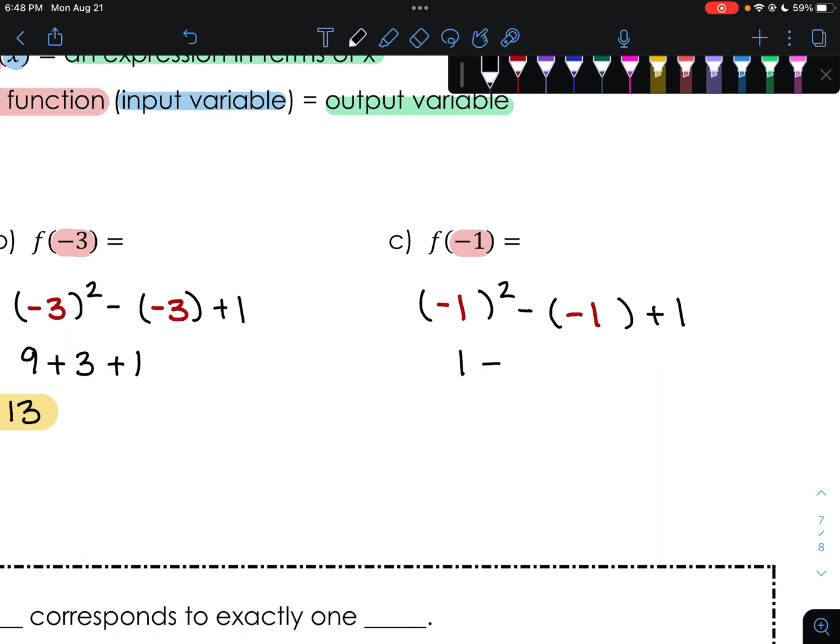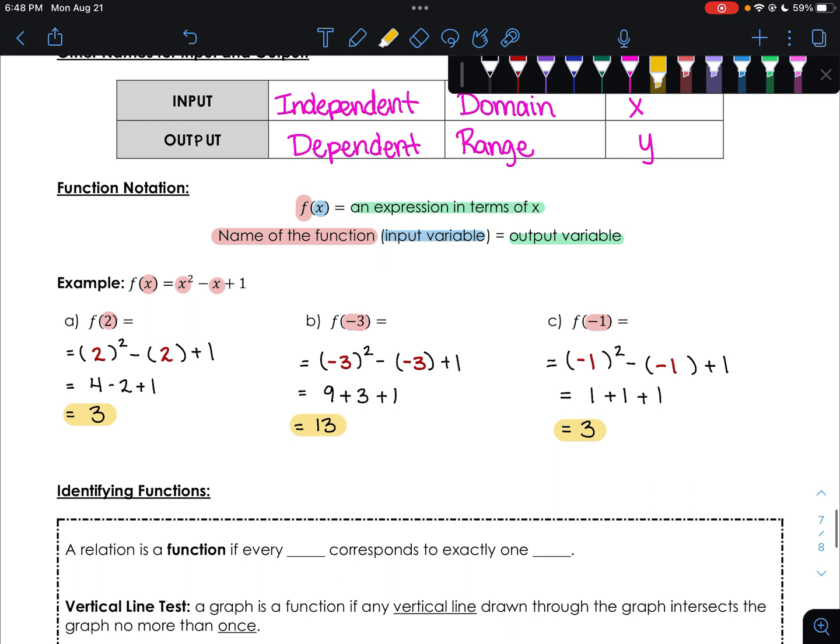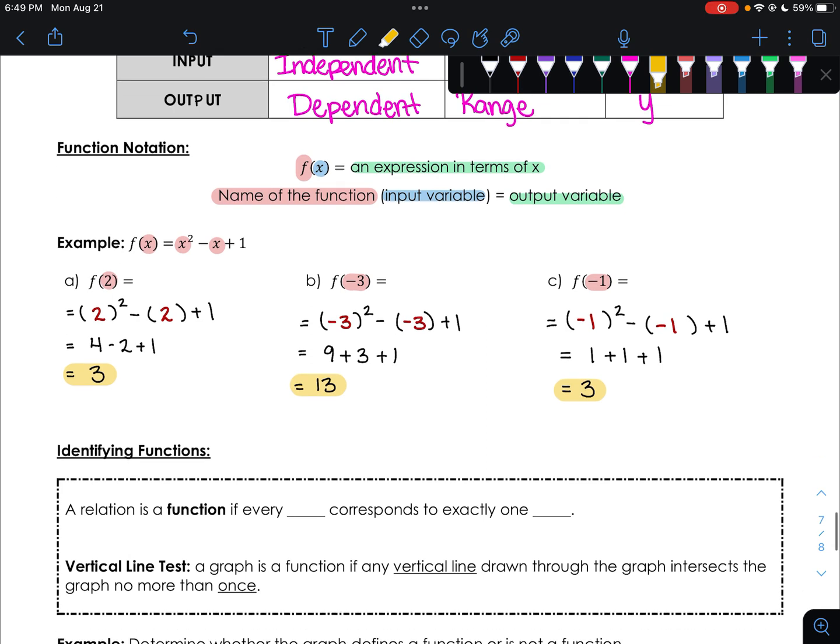A double negative turns into a positive 1, plus 1. And when I add 1 plus 1 plus 1, I get 3. And that would be the final answer. If you have any questions on function notation, make sure you write them off to the side.